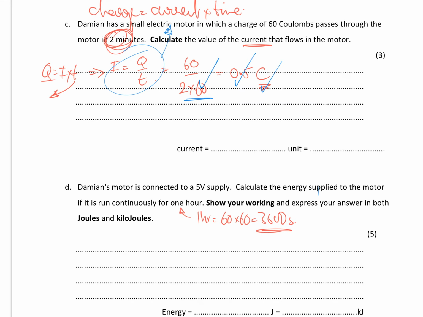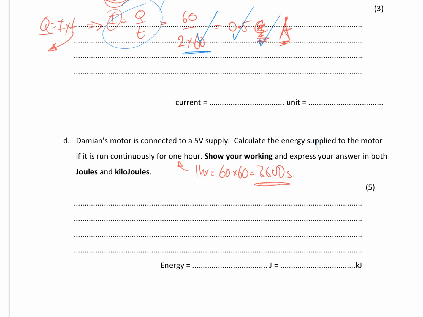And I know my current is 0.5. Do you know what? Sorry, I'm just going to go back here a bit. That's not right there. That's 0.5 amps. Silly mistake on my behalf, because we're looking for the current, hence it should be in amps. Okay, so there was something wrong with that figure.